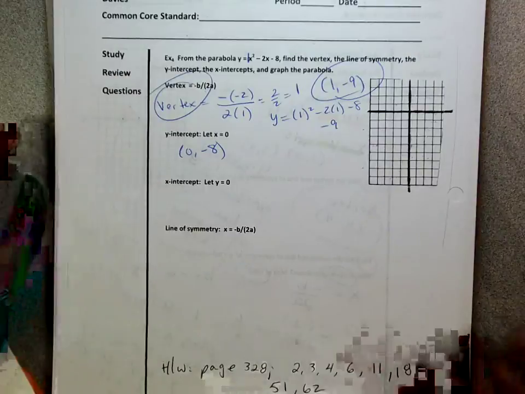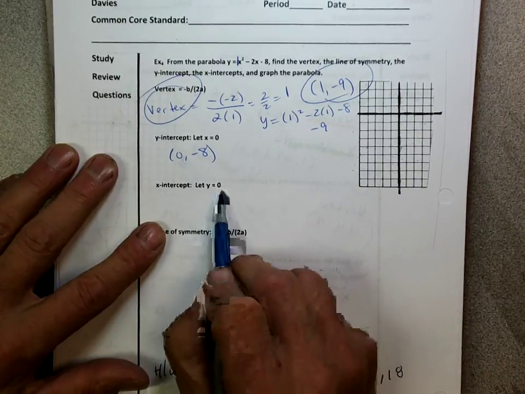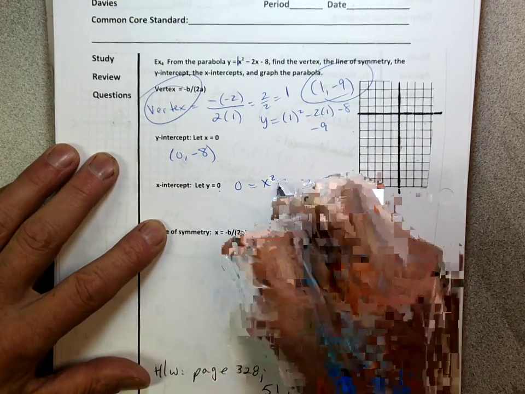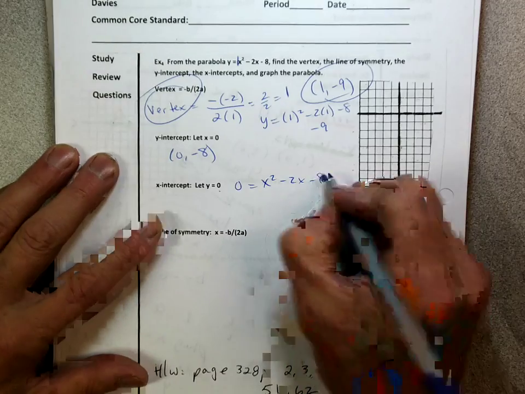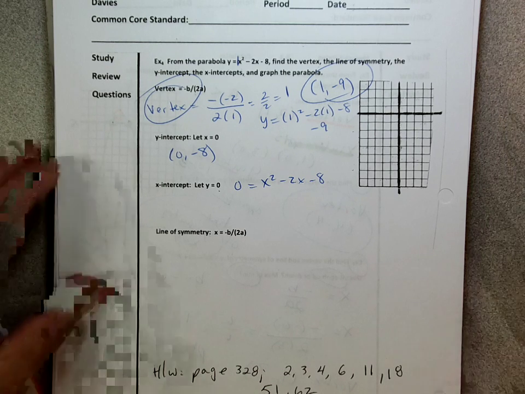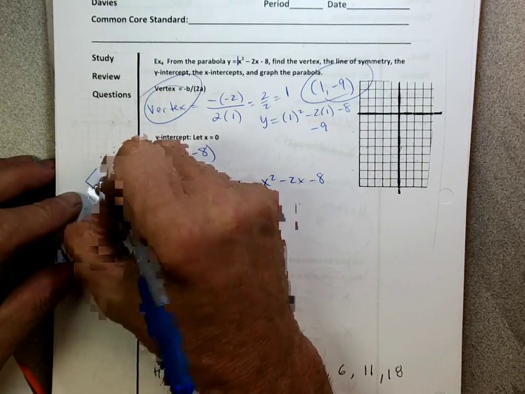Now the x-intercept. To get the x-intercept, let's set y equals 0. So go back up to my original equation: 0 equals x squared minus 2x minus 8. I got to solve for x. Oh wow, that looks really hard because you have an x squared and an x. But we know how to factor, don't we?